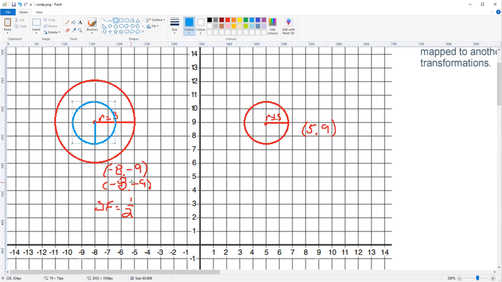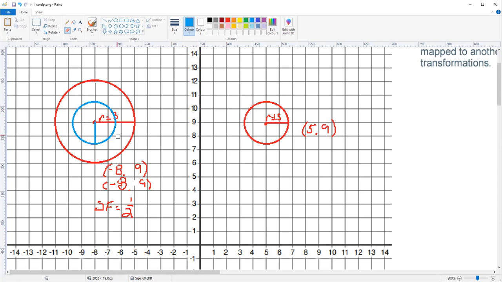My y value doesn't have to change very much. It's just 9. They're both on 9. But I have to go from -8 to 5.